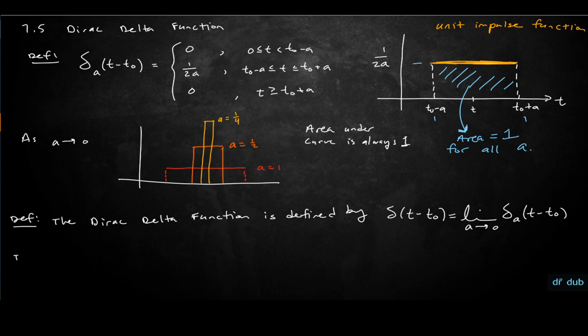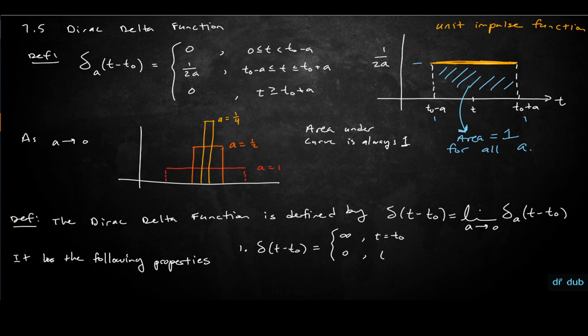And it has the following properties. Number one, delta of t minus t0 can be thought of as a piecewise function, where the function value is infinity if t equals t0, and 0 if t is not equal to t0.